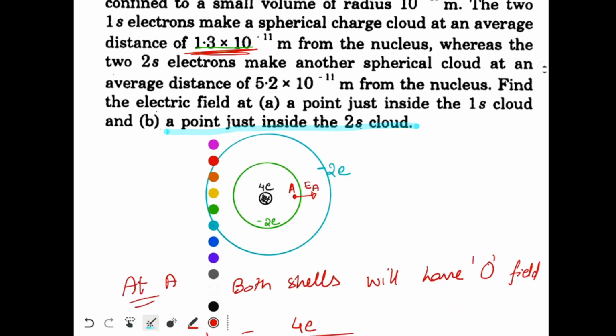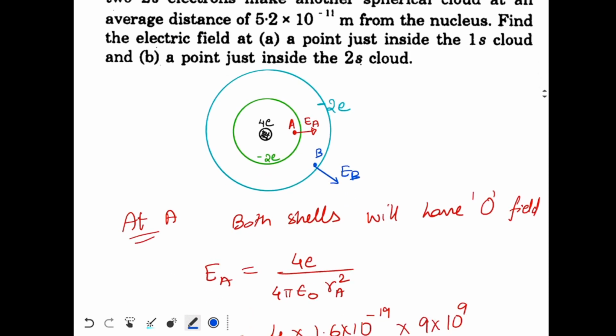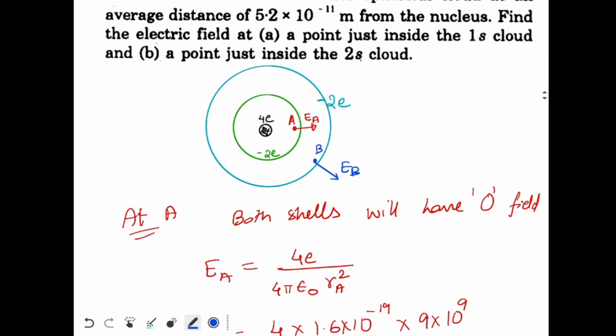Now they are asking for a point just inside the 2s cloud. So a second point is over here, let's say, just inside the 2s cloud. So the field will be how much over here? This will be field EB. So how do you find EB? 4e will create a field away from the center, and minus 2e will create a field towards the center.